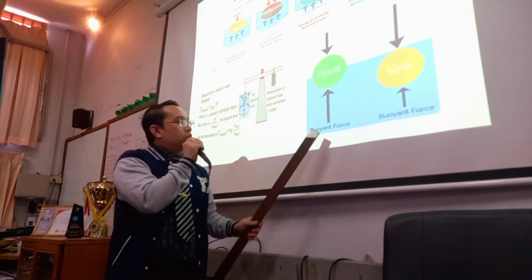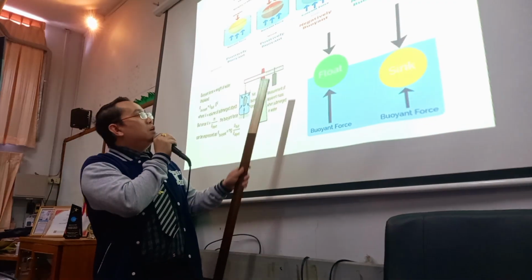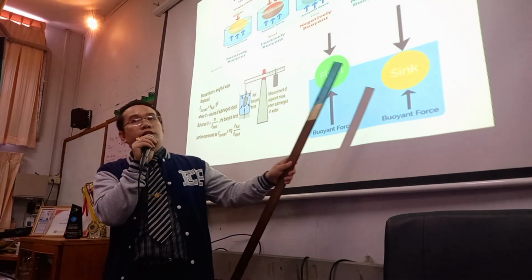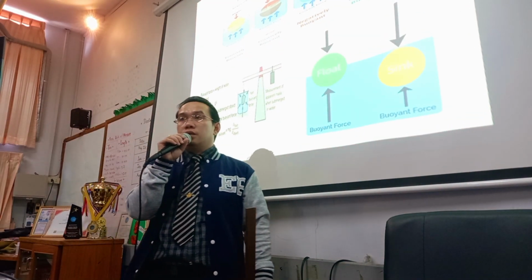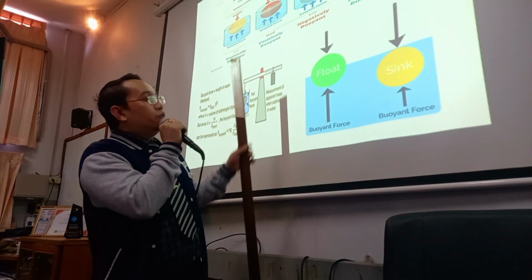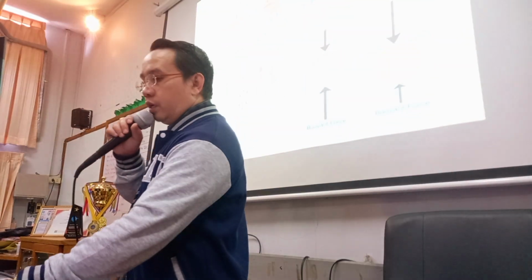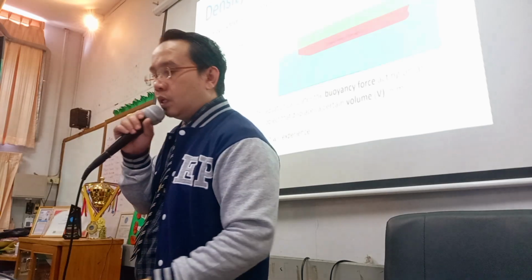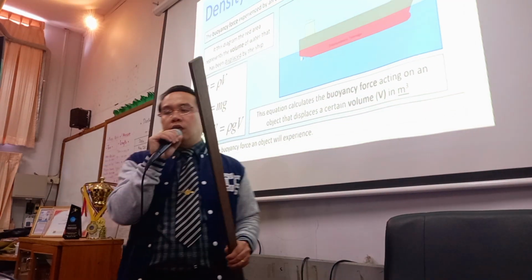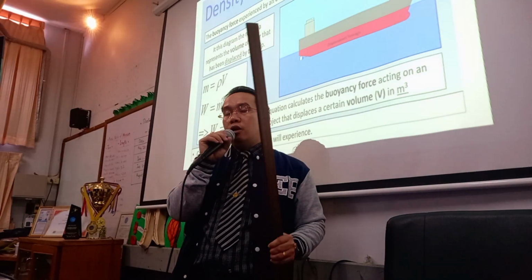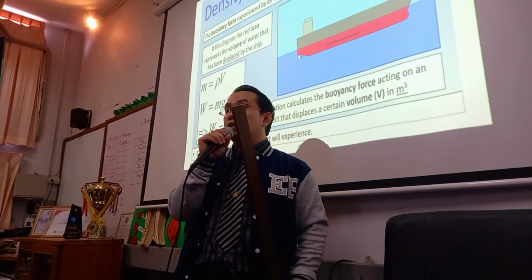So, in other words, buoyant force can cause an object to float or sink, or be partially submerged or fully submerged. Those are mainly the indicators of buoyancy. The law of buoyancy: the density and buoyancy force. The buoyancy force experienced by an object is equal to the weight of the fluid displaced.